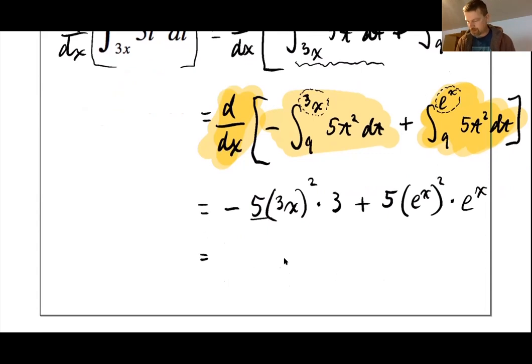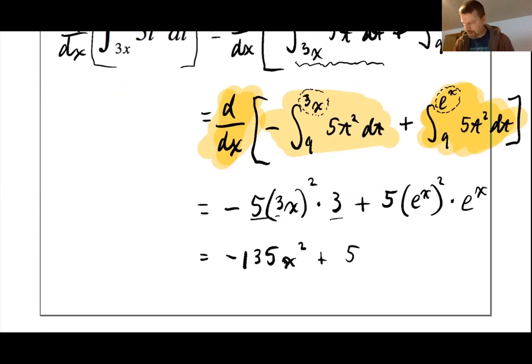Simplifying this, 5 times 3 is 15. Square that is 9. 9 times 15 would be 135. So negative 135x squared. I believe I'm right on that. I can check it.